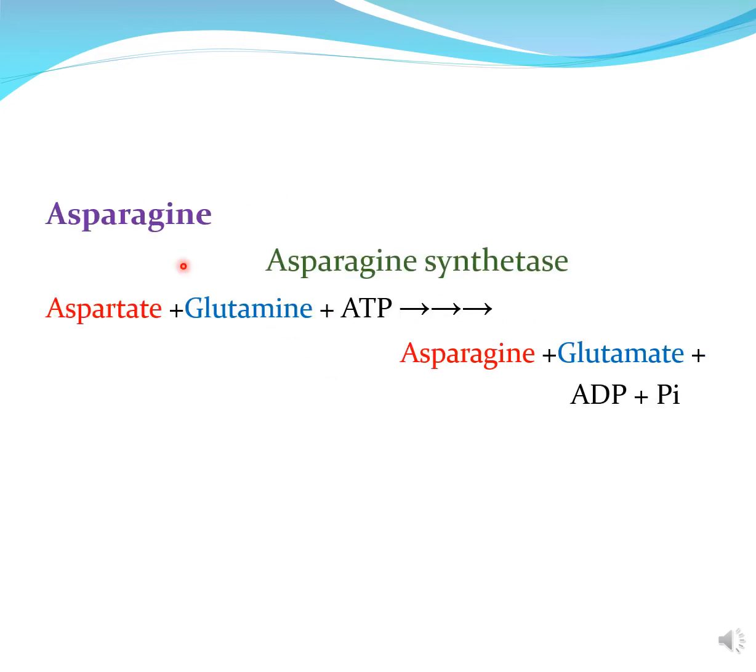On the other hand, asparagine synthesis cannot utilize free ammonia. Asparagine synthetase utilizes the amino group from glutamine. So aspartate plus glutamine and ATP result in the formation of asparagine. And asparagine synthesis is not a way to deal with free ammonia.